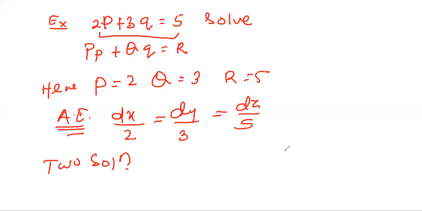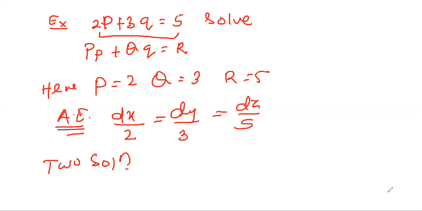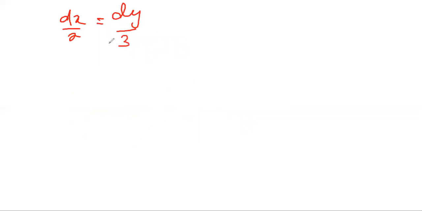First we consider dx by 2 is equal to dy by 3. Solving this equation by cross multiplication, 3 dx is equal to 2 dy.